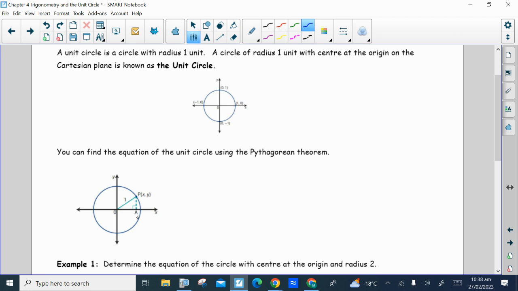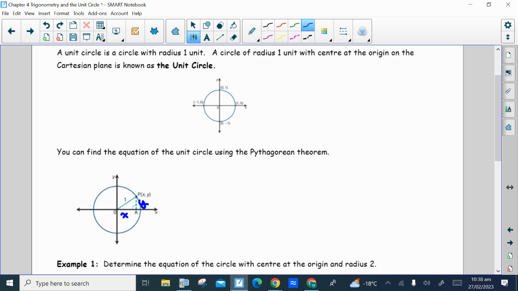So to get to this point P, you'd have to go x units to the right and y units up.